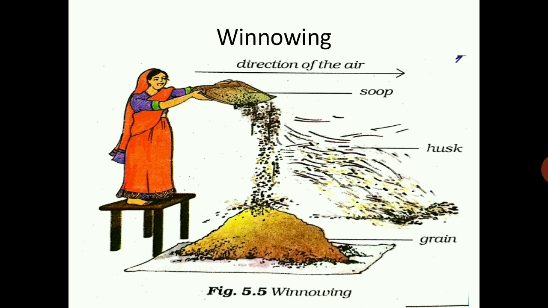What happens? Do both the components, sand and sawdust, fall at the same place? This method of separating components of a mixture is called winnowing. Winnowing is used to separate heavier and lighter components of a mixture by wind or blowing air.